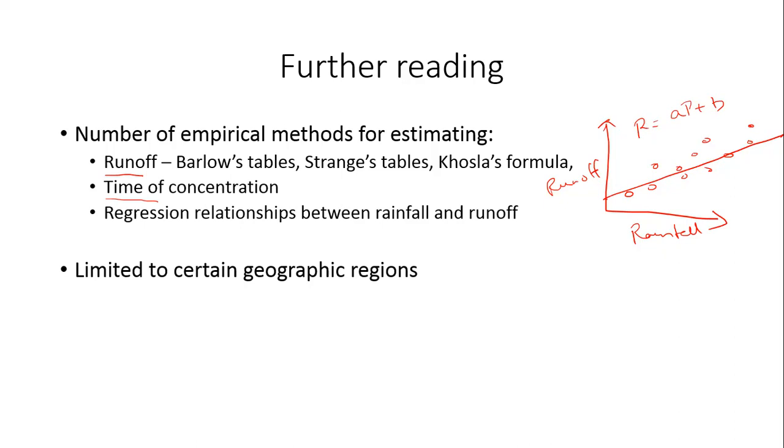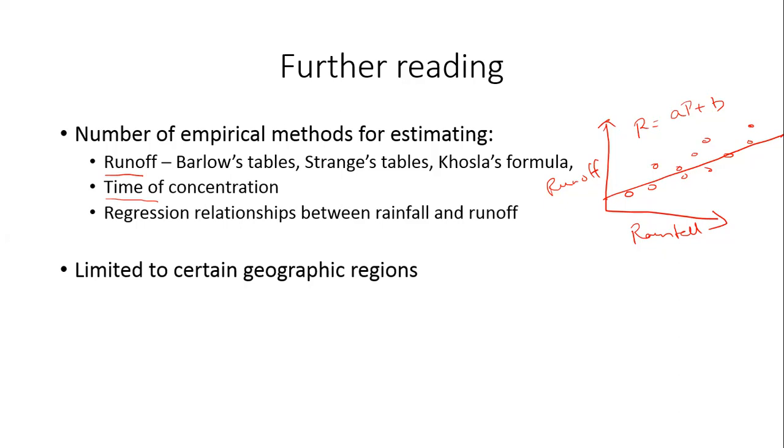But obviously these kinds of empirical approaches might only be applicable to certain geographic regions, right? So that's why we only used those techniques which are widely applicable. No matter which part of the world you are in, you can use the curve number method, the rational method, the phi index method, or the infiltration equations, time of ponding, and so on.